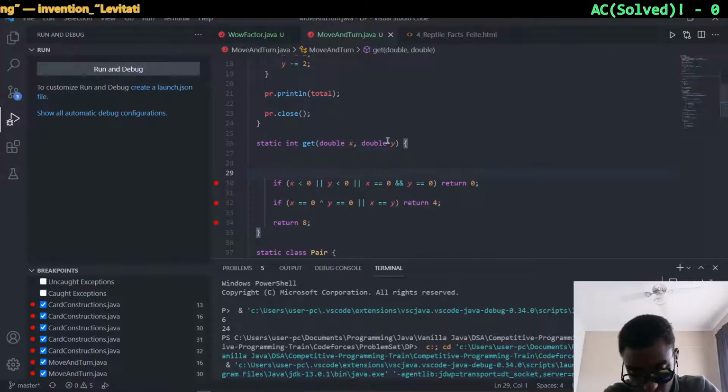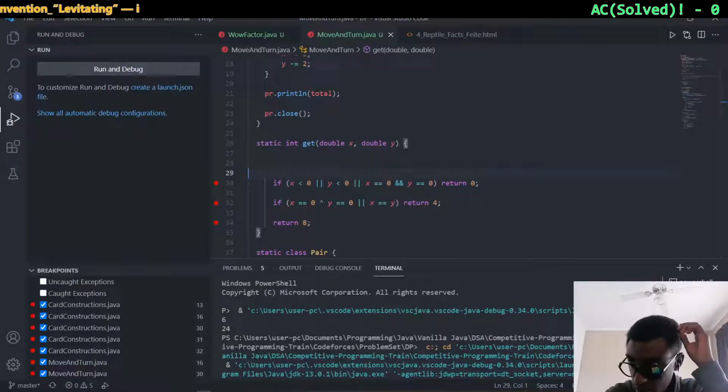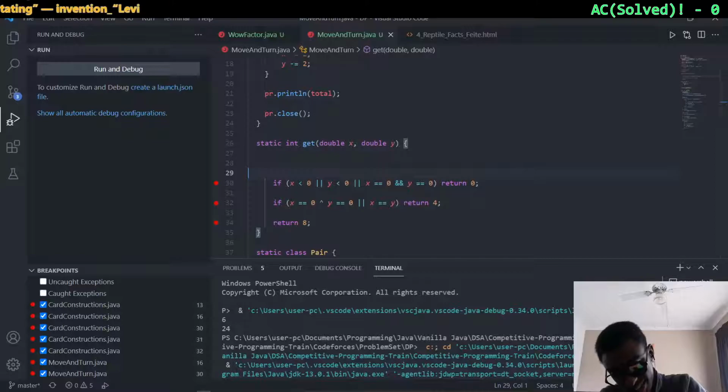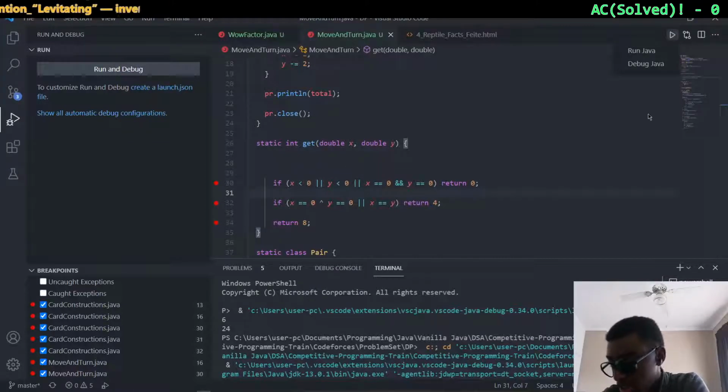Then we can take it to a 3-1 or a 1-3. Then we go straight down to a 1-1, where the 1-1 only yields a 4. So then I get 16 and not 24. But I don't know how I'm getting 24, so let's debug that.